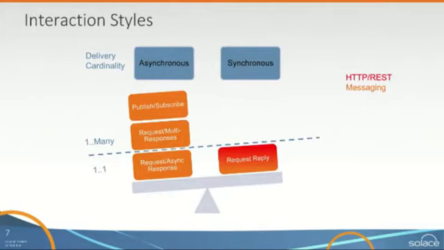So when I talk about the different interaction styles that really ease enterprise architecture, what I'm really trying to say here is that REST is an inherently synchronous protocol because HTTP is.